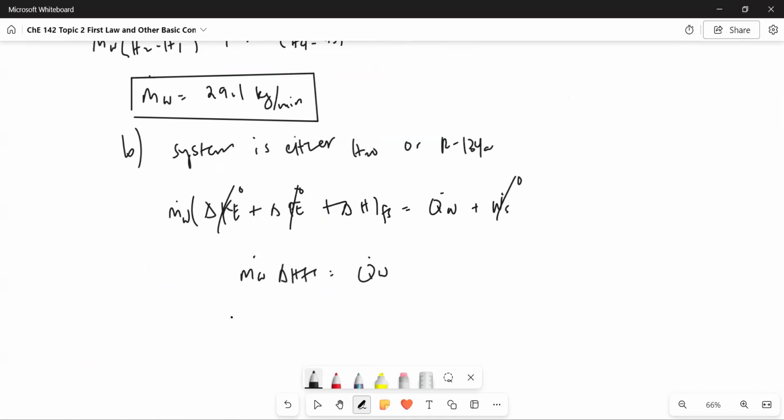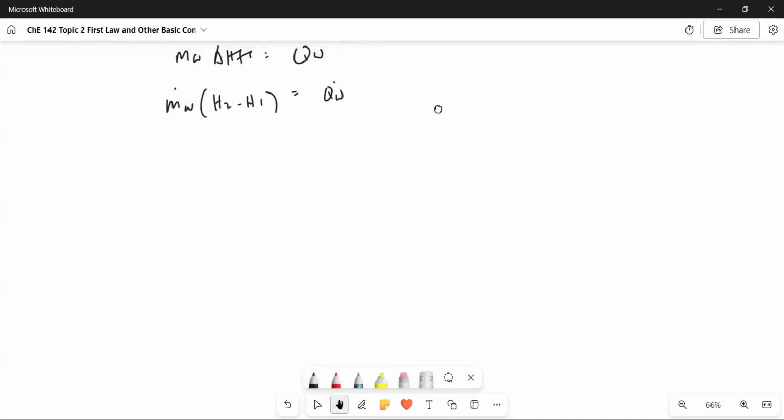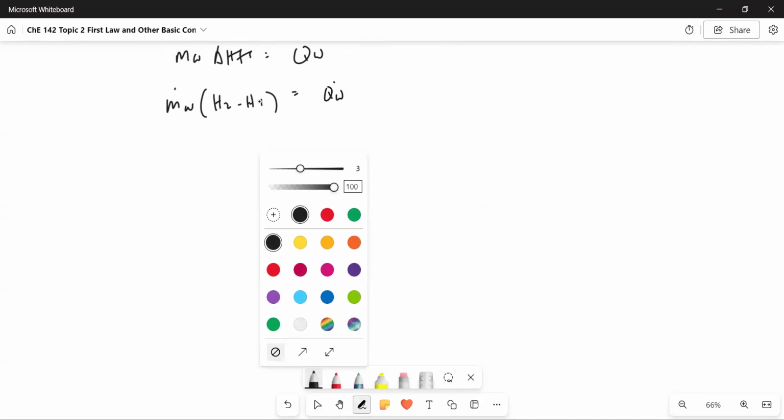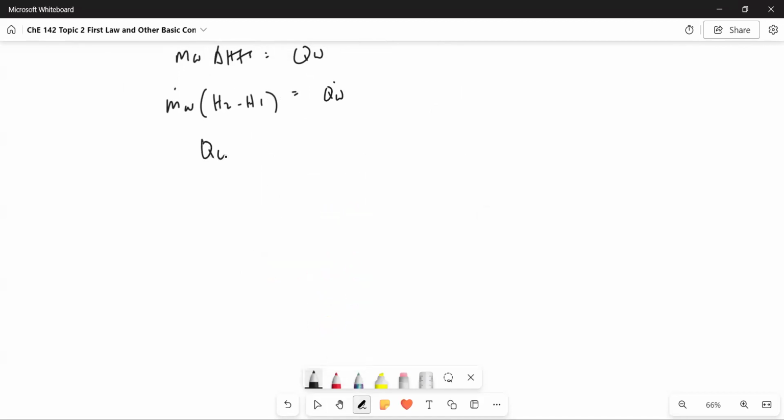Therefore, MW times H2 minus H1, outlet minus inlet, equal to QW. Substituting everything, everything is known on the left hand side of the equation, you will get QW is 1218 kilojoules per minute.